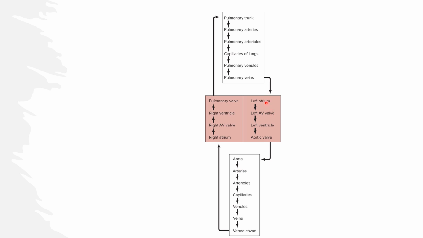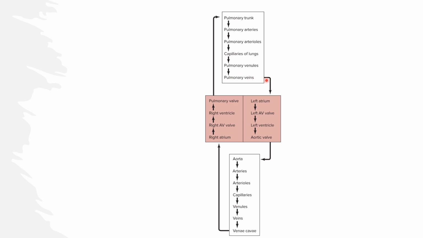I'm sorry, when they come through the left atrium, this is going to be oxygenated blood. And the reason that we get confused with this is because veins that have to do with pulmonary, this is opposite. So arteries carry CO2-laden blood, veins carry O2-laden blood.